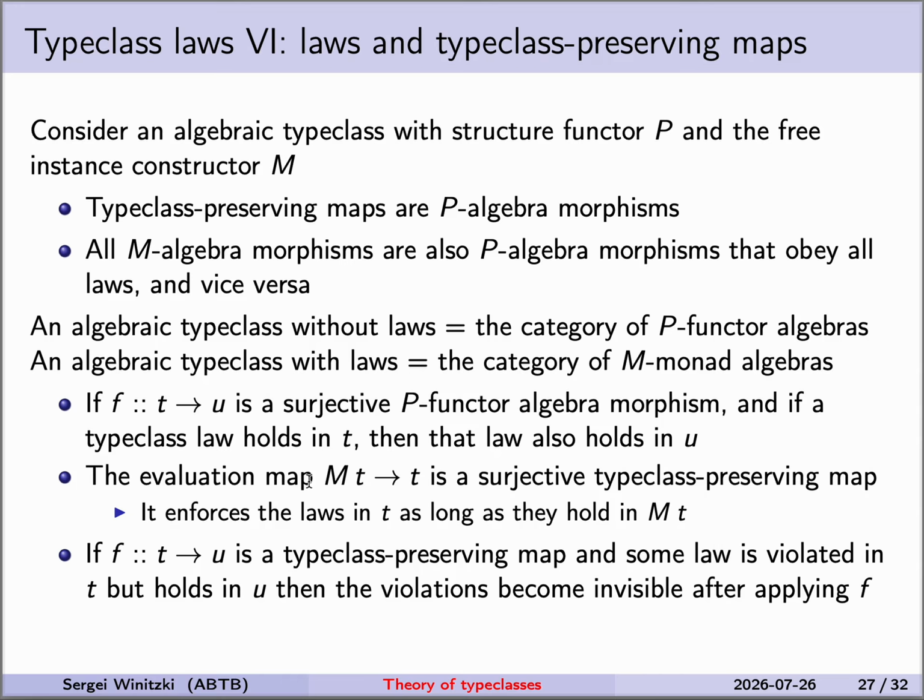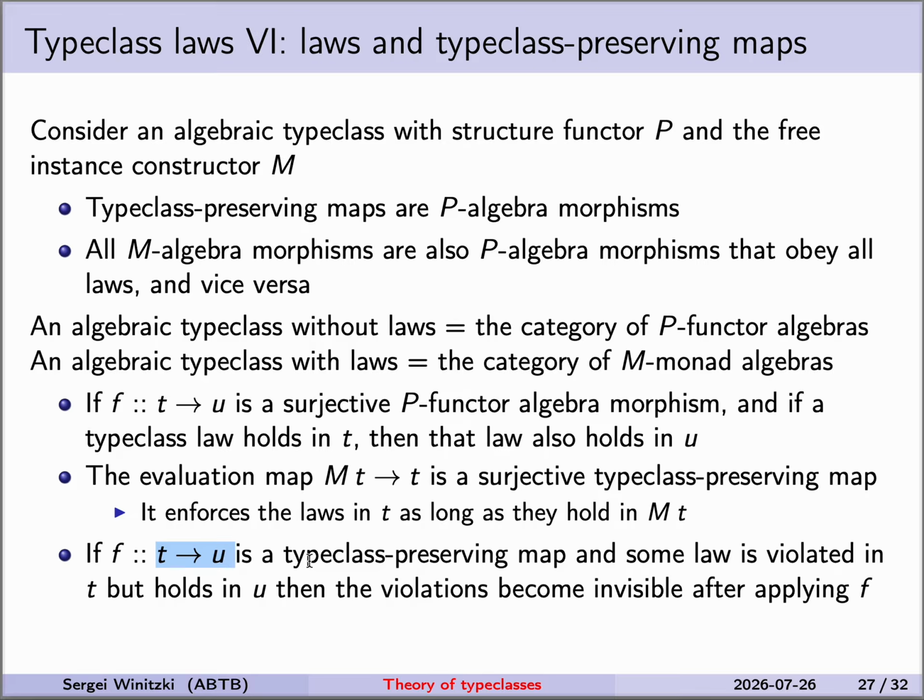And for that you need to be careful, but the theorems tell you that, for instance, as long as you have this monad algebra morphism, then it will enforce the laws in T as long as they hold in MT. So they hold in MT, then they are enforced in T. But in case they don't hold in T, but they hold in U, then it's okay, because you have this other property that violations of laws become invisible after you apply a typeclass preserving map, in other words, an algebra morphism.